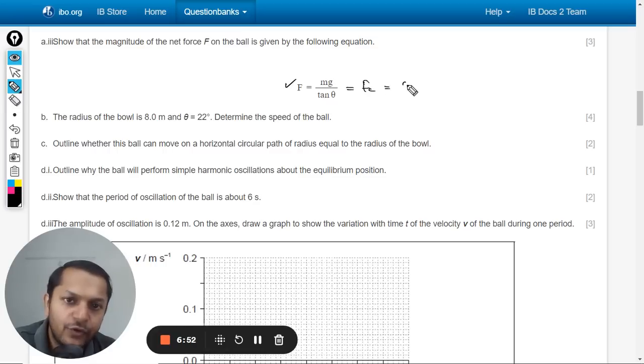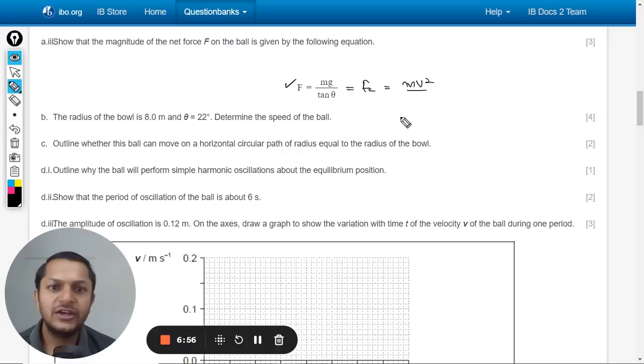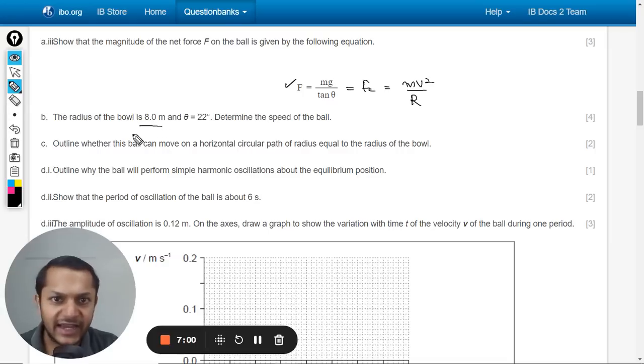So centripetal force can be taken as mv square by r, where r is the radius. So we can just write the capital R there. The radius is given as 8 meters, and mg tangent theta, so even theta is given.